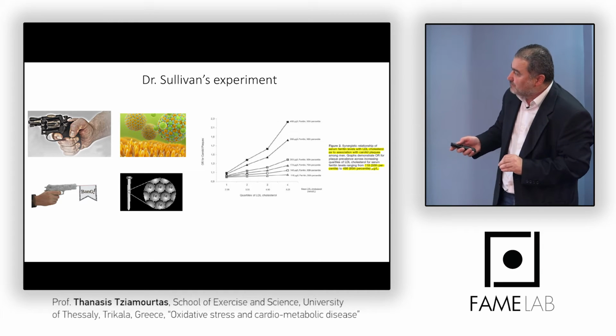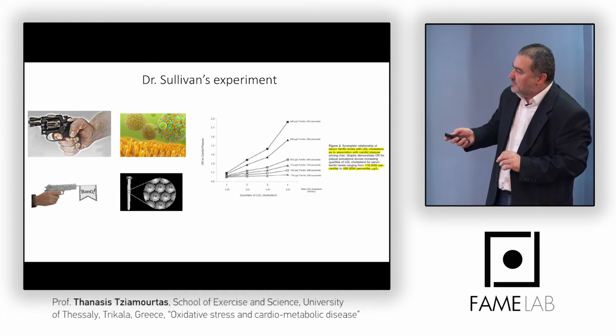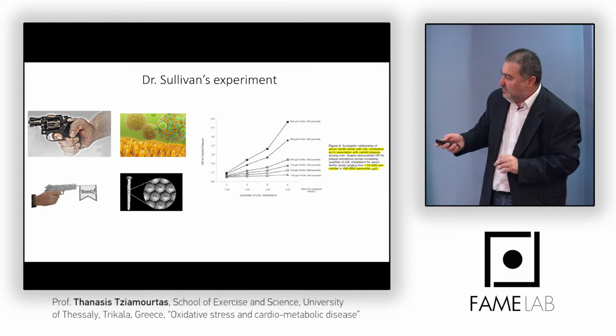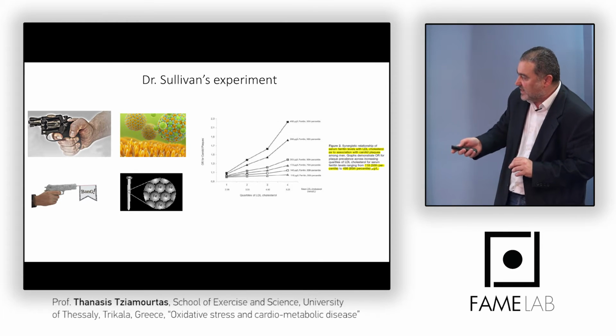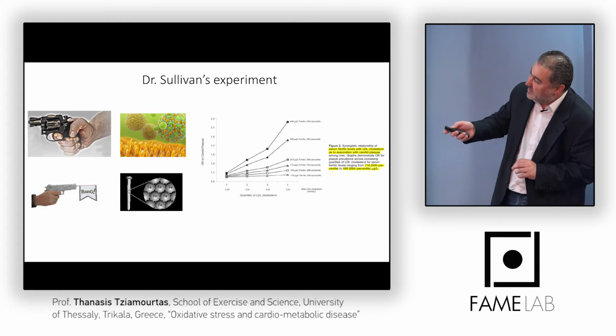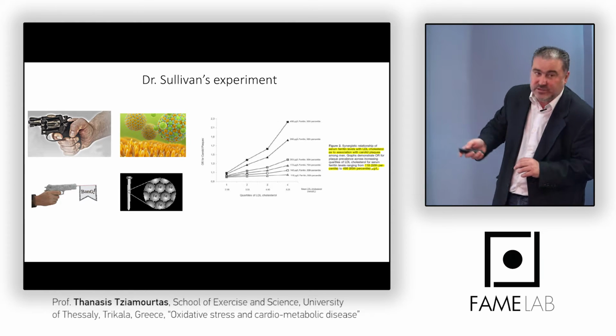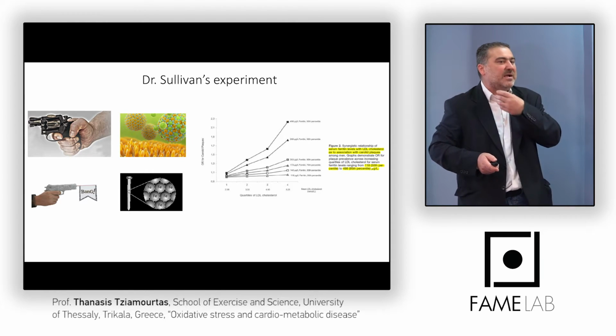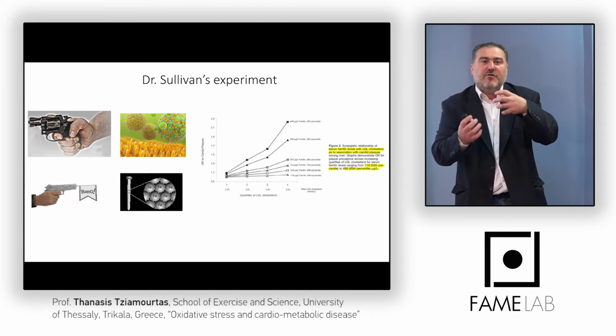because we see here, this is ferritin, here is oxidized LDL, and this is the odds ratio for carotid plaque. When I say carotid plaque, I mean the formation of thrombus.